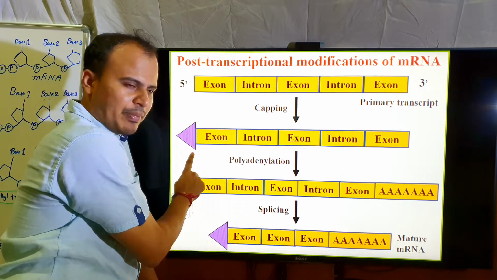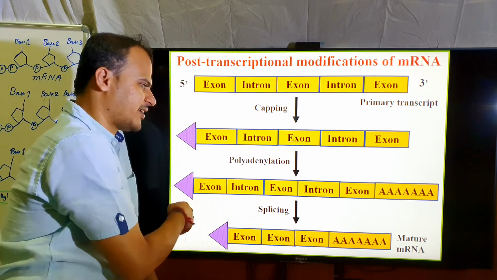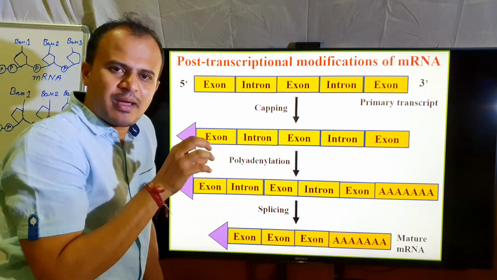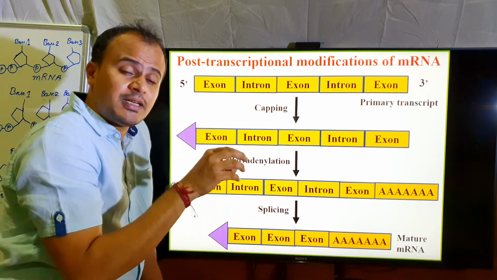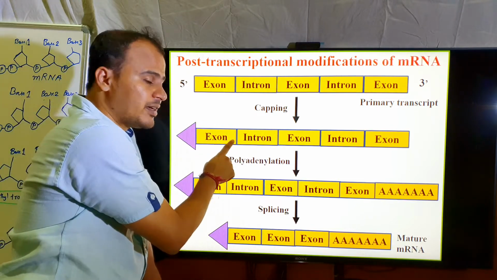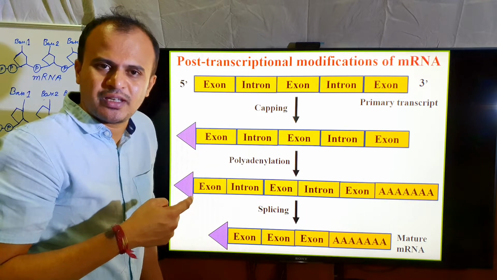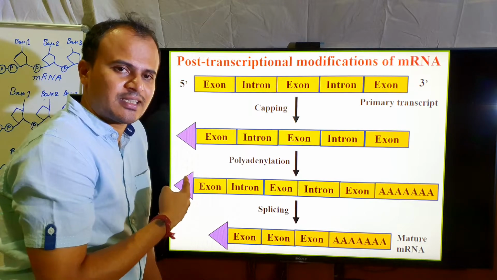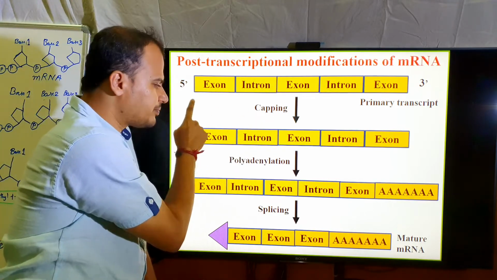I have indicated this capping as a purple triangle. Capping is essential to protect the mRNA from exonuclease action, and also it is essential if this mRNA has to be recognized by the translation machinery. If there is a cap, only then is it recognized by the translation machinery. Therefore, the first step is capping.